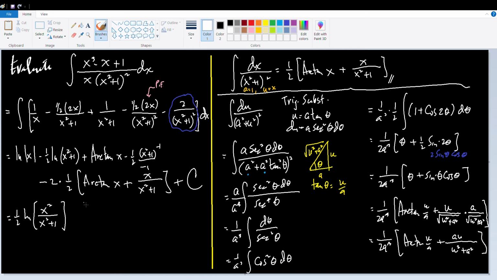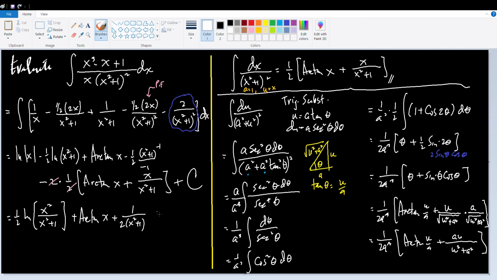Then plus arctangent of x minus 1 half, negative 1, that will be positive 1 half, so 1 over 2 times x squared plus 1. And then negative 2 times 1 half will cancel.